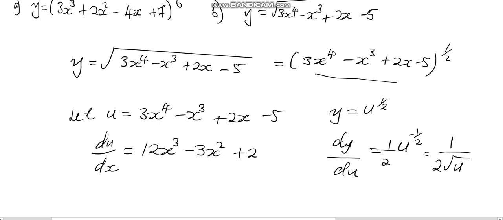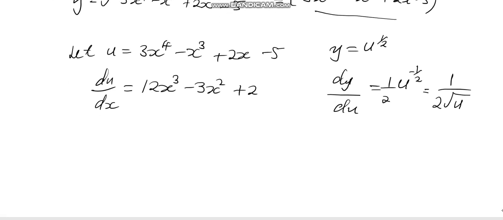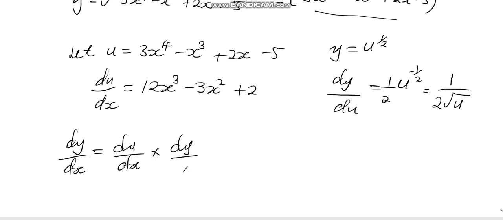Now the chain rule says that the derivative of y with respect to x is simply equal to the derivative of u with respect to x multiplied by the derivative of y with respect to u.